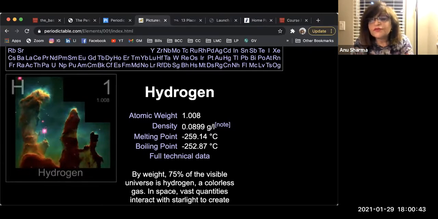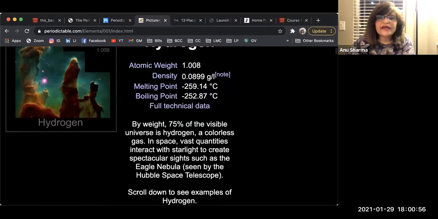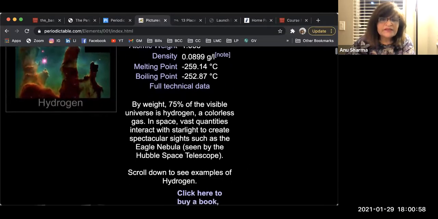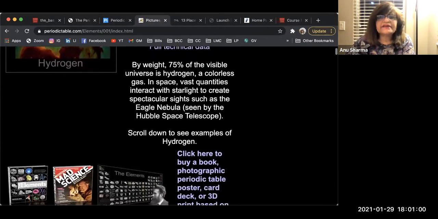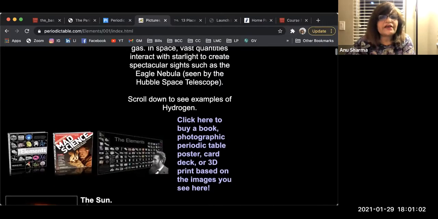Hydrogen is responsible for the birth of stars, so the beautiful planets and the stars that you see in the skies, this is all the work of hydrogen, fusion reactions happening. So this hydrogen, again, it's a colorless gas, and they create these spectacular sights.